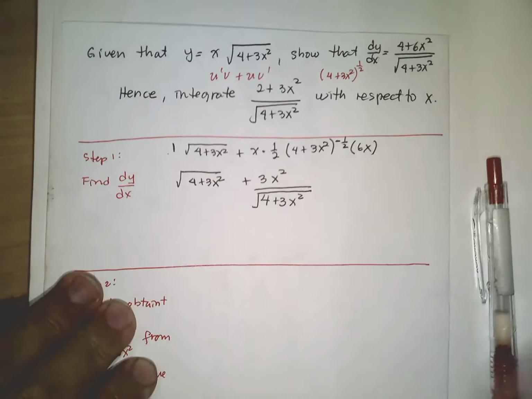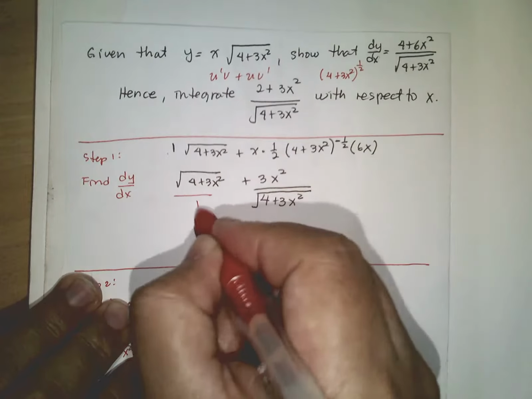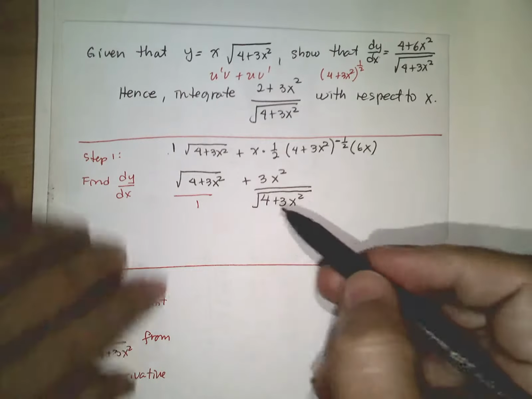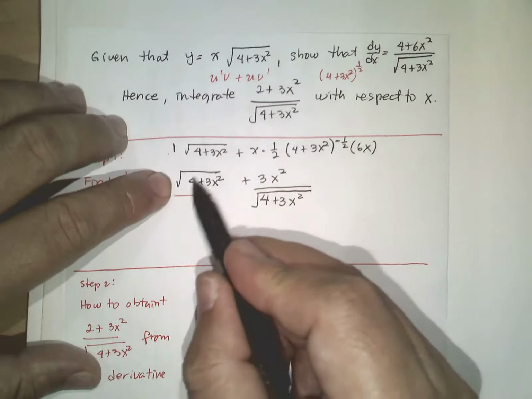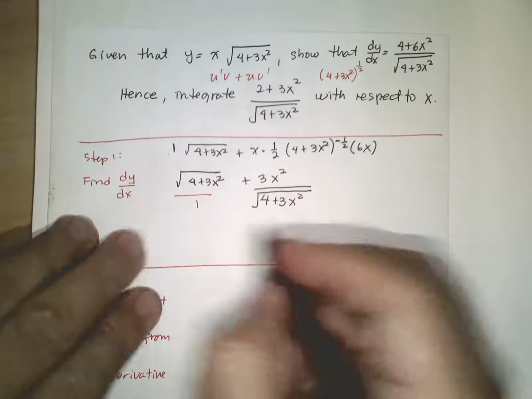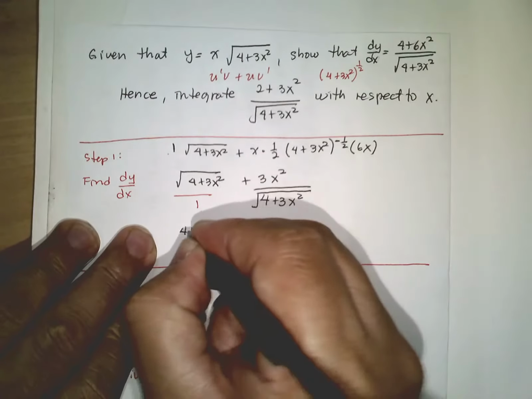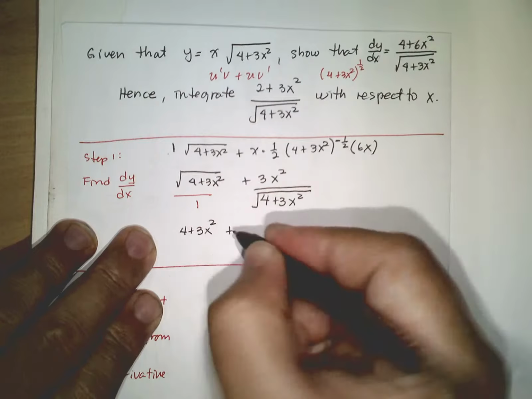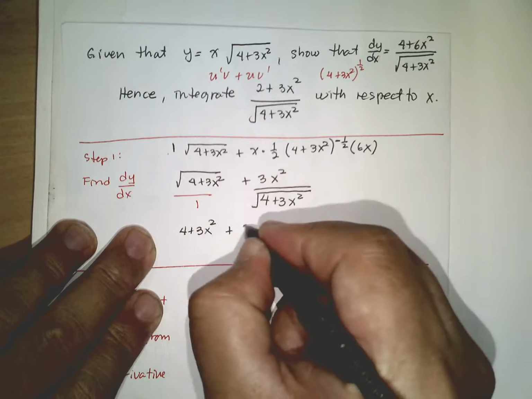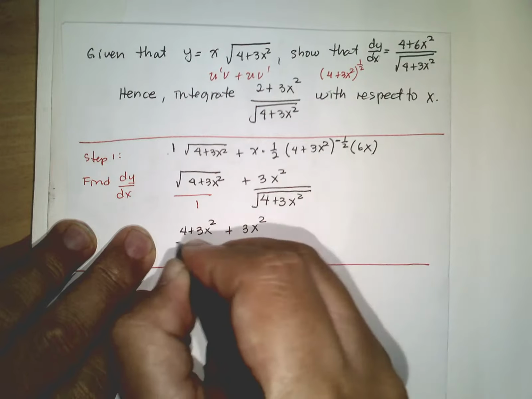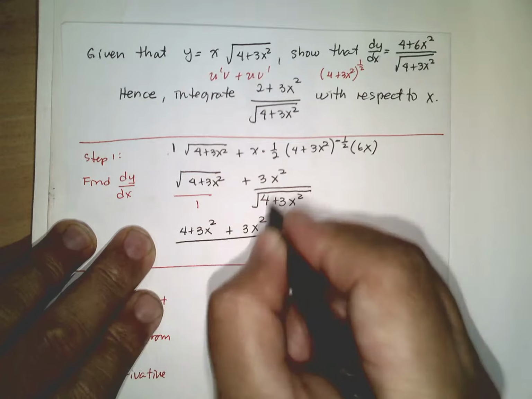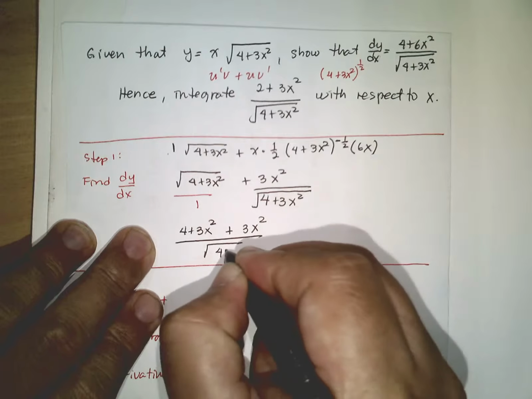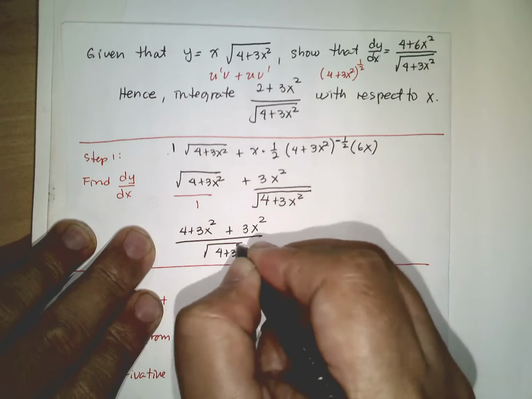Then we can now cross multiply the 2. This is over 1. So when you cross multiply, 4 plus 3x squared times this, plus 1 times that is 3x squared, divided by 1 times the square root of 4 plus 3x squared.